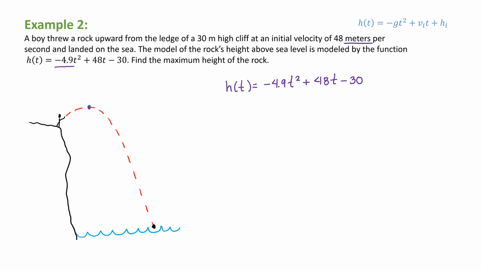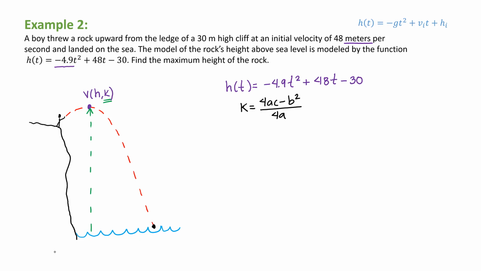Remember, the maximum height corresponds to the vertex, which has coordinates h, comma k. Which variable gives us the height, the h or the k? Remember, the height means that we are looking for the y-axis coordinate, and the k gives us the y-coordinate of the vertex. So we are interested in knowing the value of k.